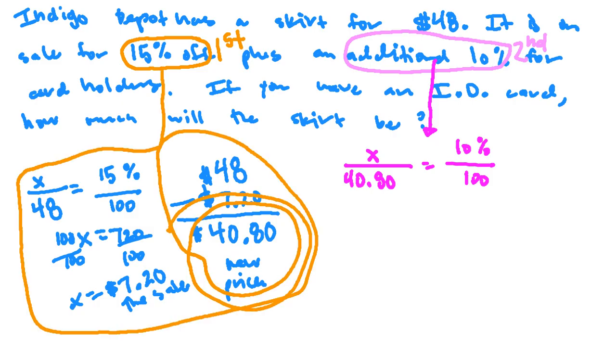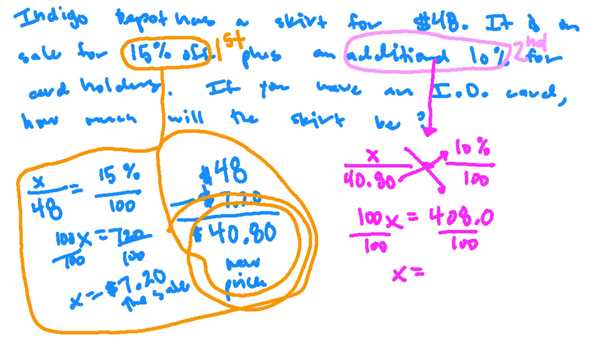So let's see, we're going to cross multiply. 100x equals 408.0, divided by 100, divided by 100, x equals 4.08. And this is going to be your extra amount off. Now, it's off of this price right here.